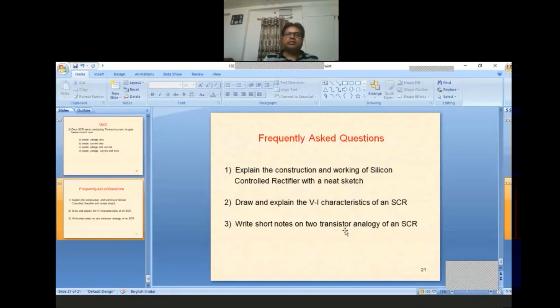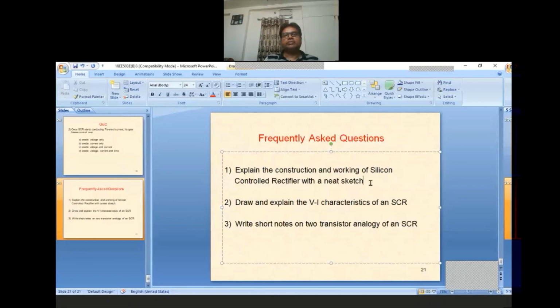From the exam point of view, we will get questions such as: explain the construction and working of SCR with a neat sketch. You have to explain the formation of layers, how they are embedded, how they are connected to the heat sink and electronic circuit board, and explain the working in terms of forward bias and reverse biased condition.